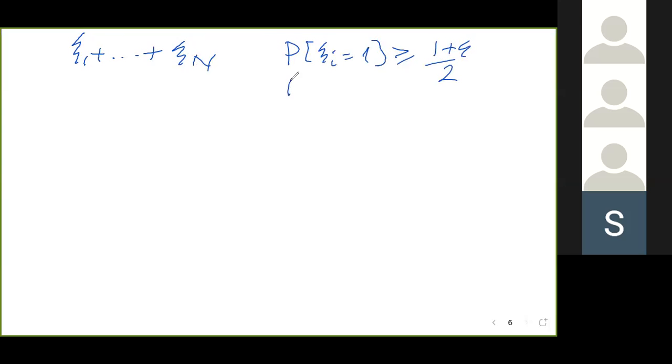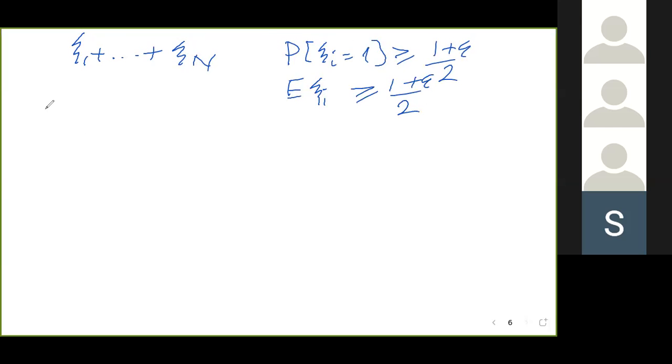Then we will consider the sum of these variables, and we know that the probability that each variable is 1 is at least 1 plus epsilon over 2, which means that the mathematical expectation is at least that much.